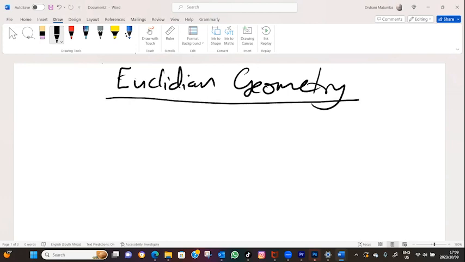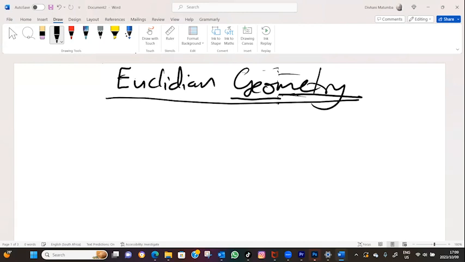Now, what is Euclidean geometry? This is the mathematical study of shapes and the mathematics behind those shapes. Geometry comes from metric, which means maths or anything that has to do with calculations.